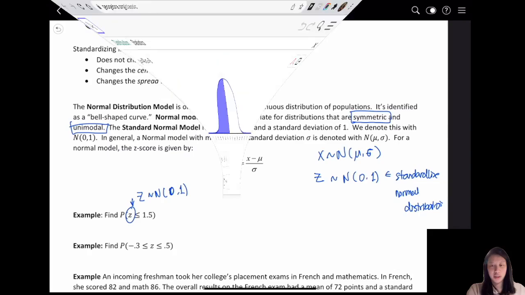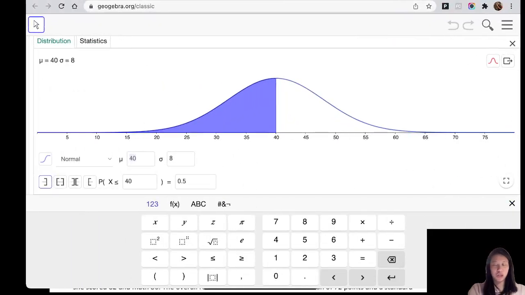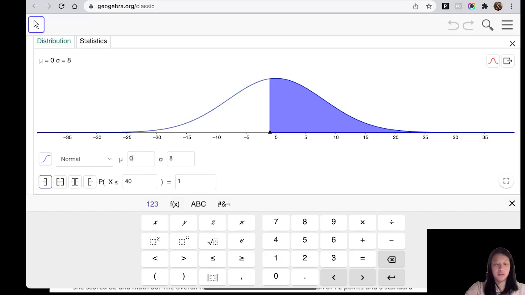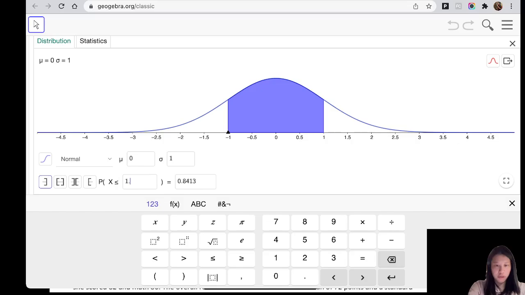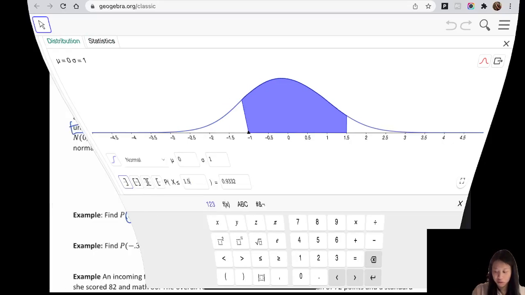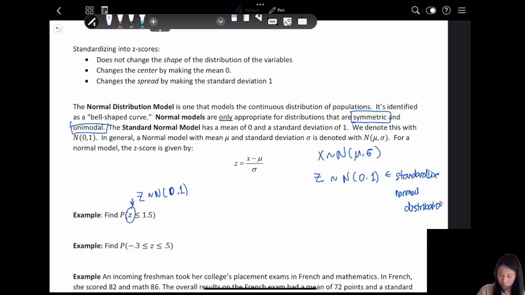We set the mean as 0 and sigma equal to 1, and we find the probability when x is less than 1.5, which is 93.132% from GeoGebra.